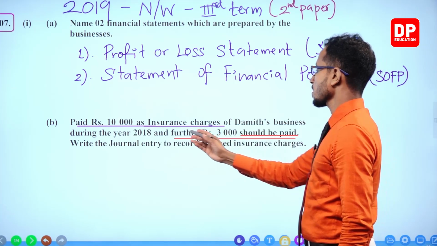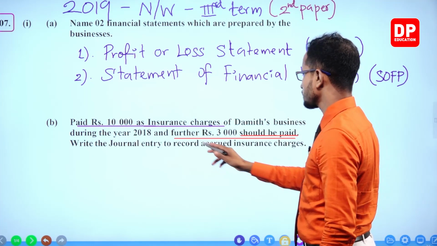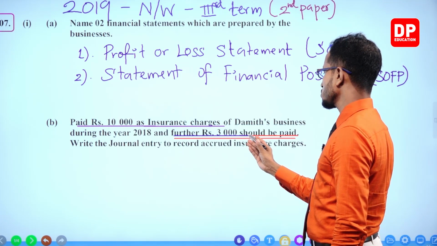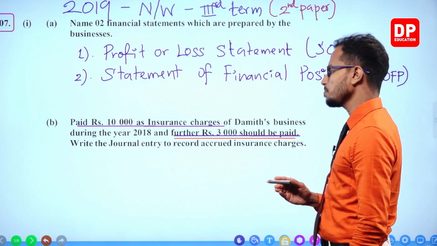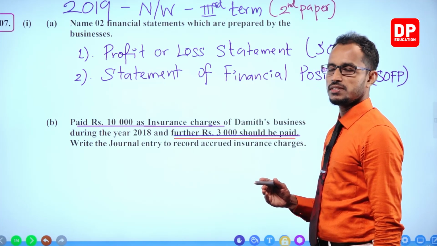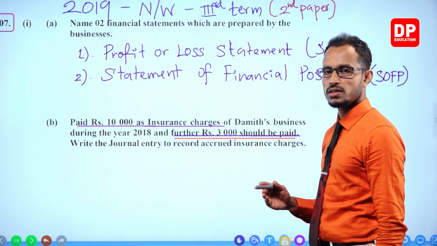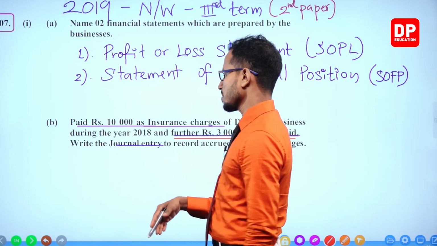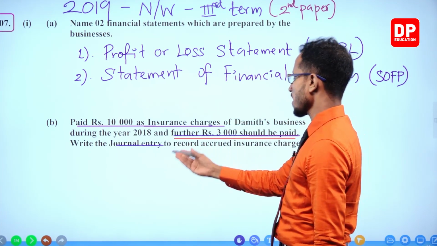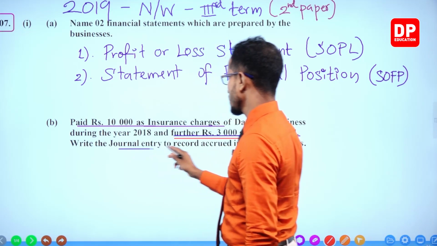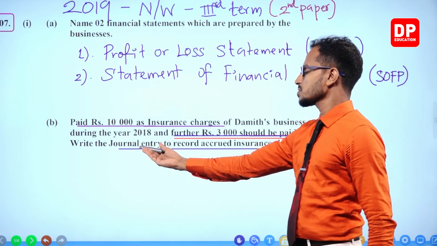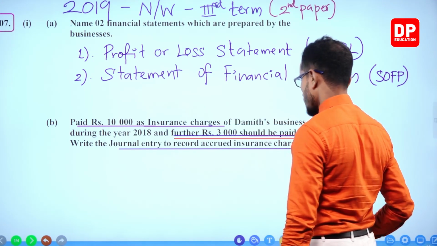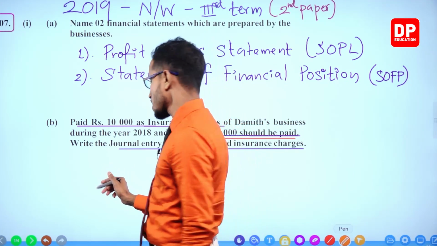Further 3,000 should be paid, which means accrued 3,000. What is the journal entry? Journal entry means the double entry to record accrued insurance. Let's write it down. It is an expense.